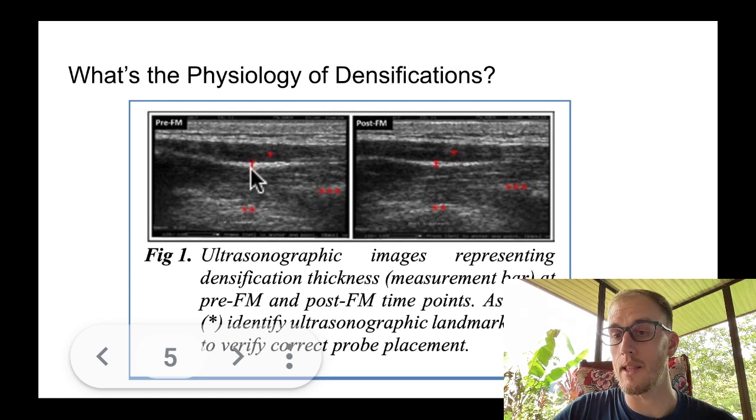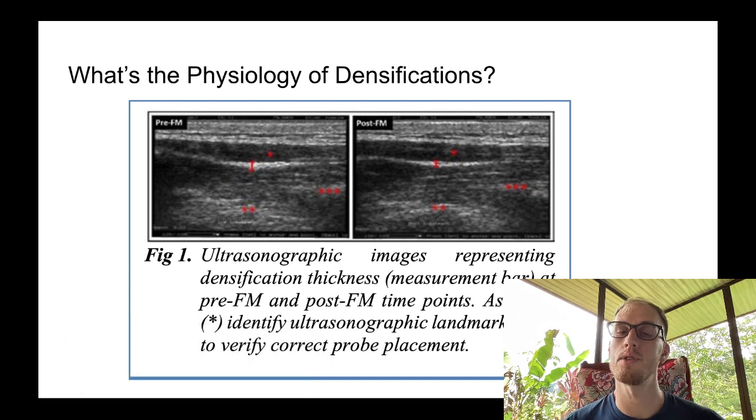The red line is basically a measurement of how thick that densification of fascial tissue is, or how thick the fascial tissue is. And we can see that in our pre-manual therapy image, it is thicker than in our post-manual therapy image, suggesting that as a result of the intervention being manual therapy, we've been able to reduce the thickness of our densification. And why is that important?